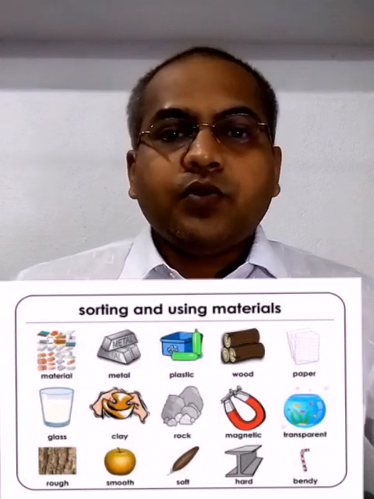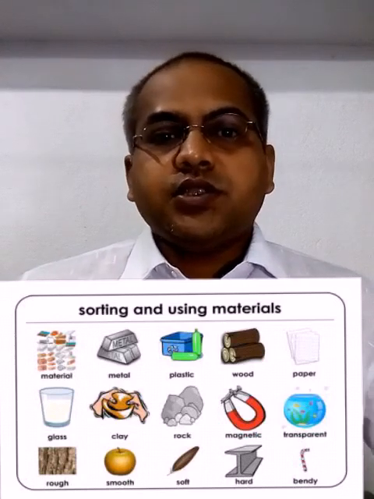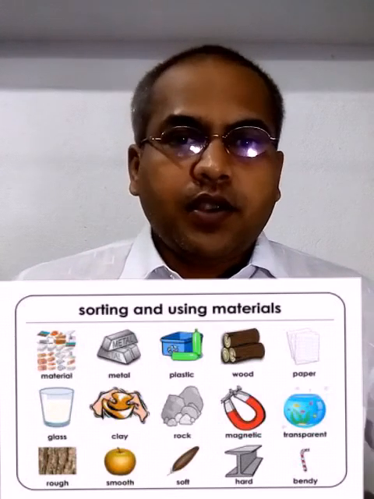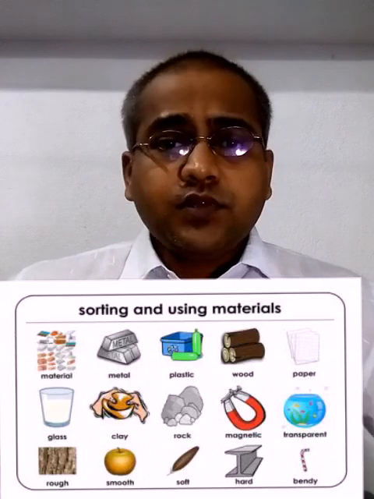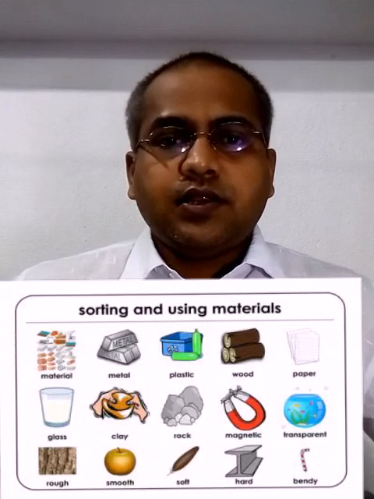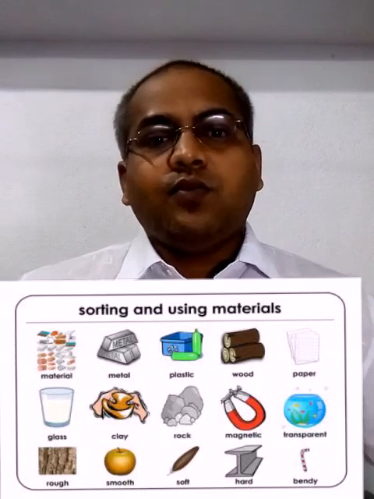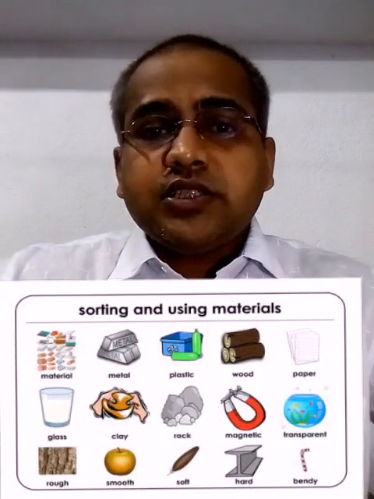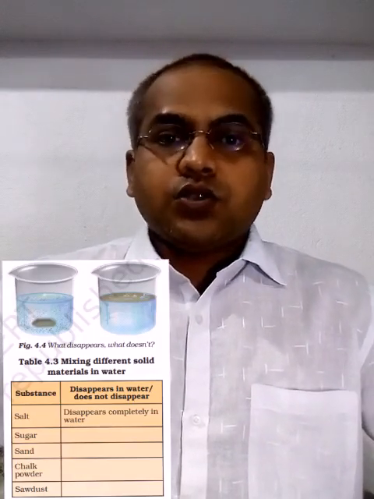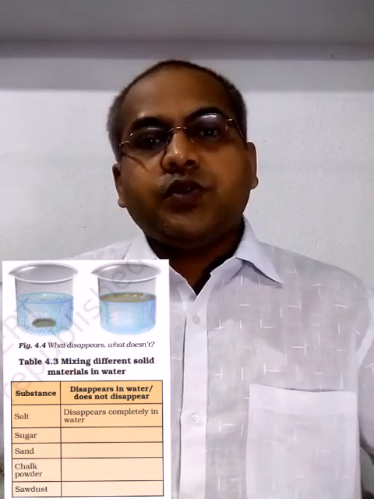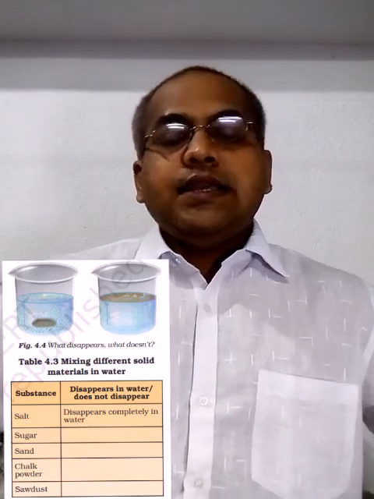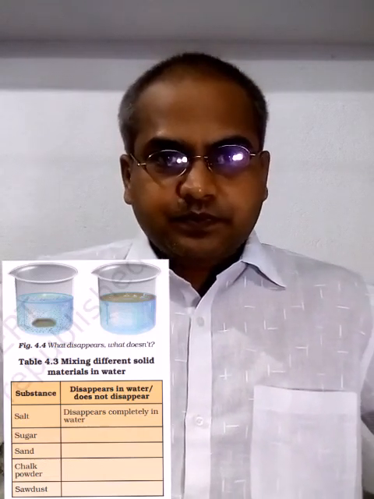After doing this we are able to understand that there are some substances which will mix in the water properly and disappear, but there are some substances which do not mix with water or will not disappear in water. So the substances which disappear properly in the water are called soluble in water, and the substances which do not disappear properly in the water are called insoluble substances.